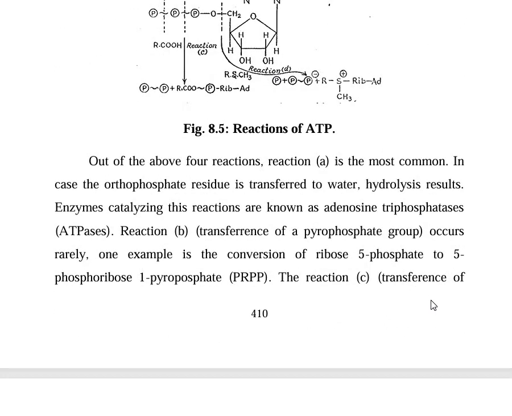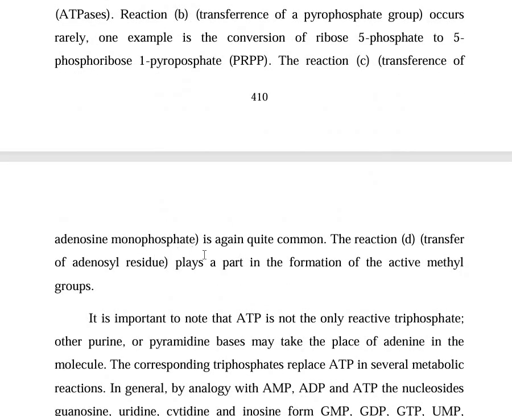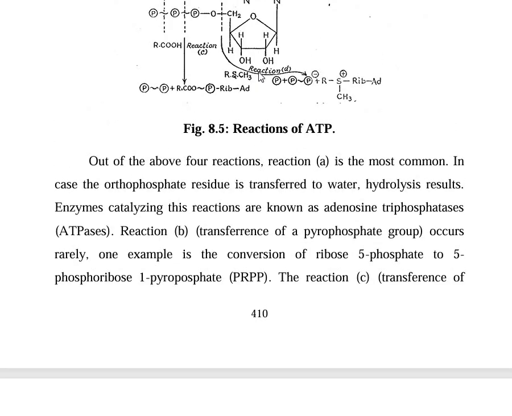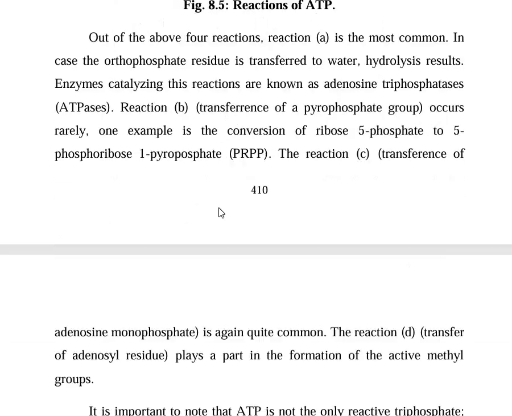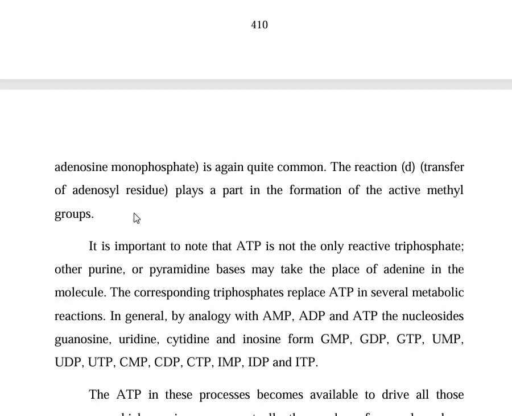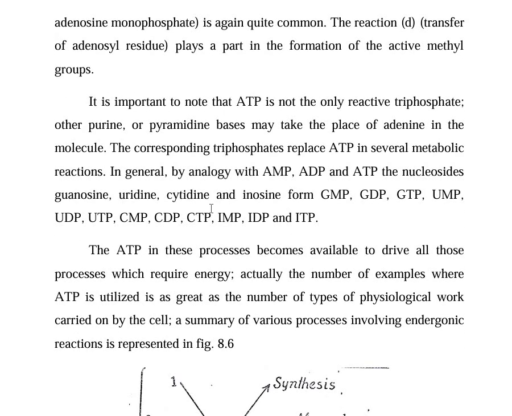Now reaction C, transference of adenosine monophosphate, is again quite common. Reaction D, transfer of the adenosyl residue, plays a part in the formation of active methyl groups. It is important to note that ATP is not the only reactive triphosphate. Other purine or pyrimidine bases may take the place of adenine in the molecule.